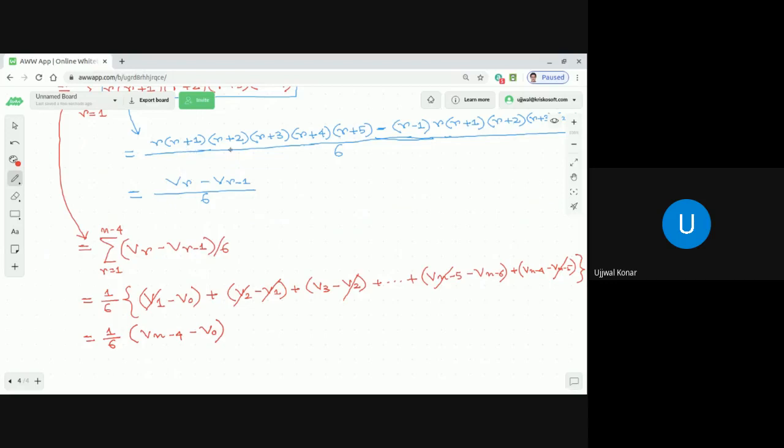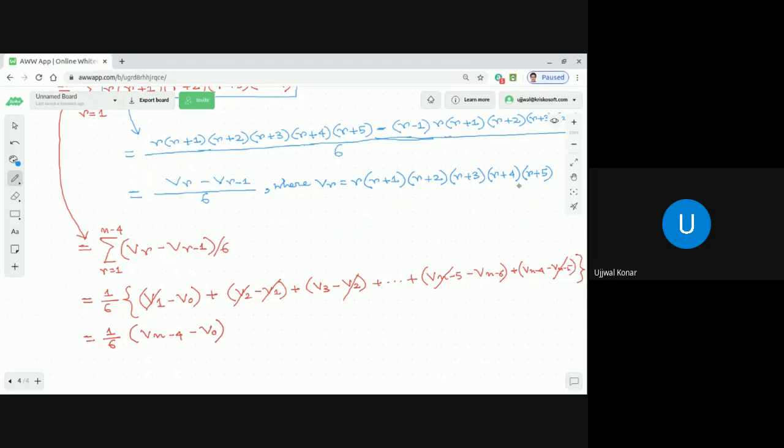Let me write it down. Where Vr is equal to r into r plus 1 into r plus 2 into r plus 3 into r plus 4 into r plus 5.